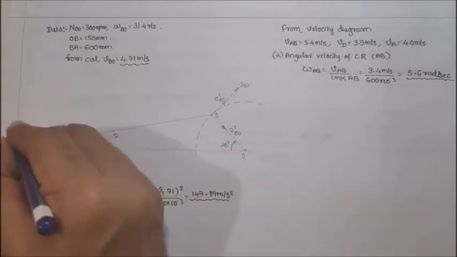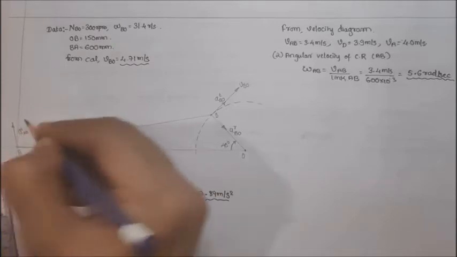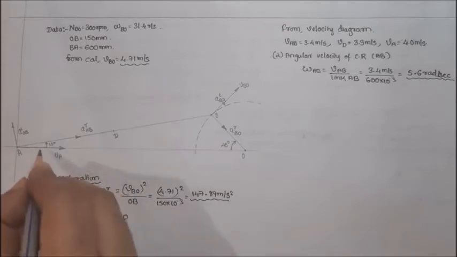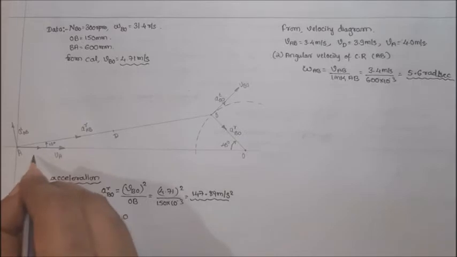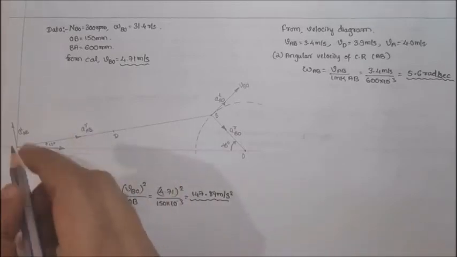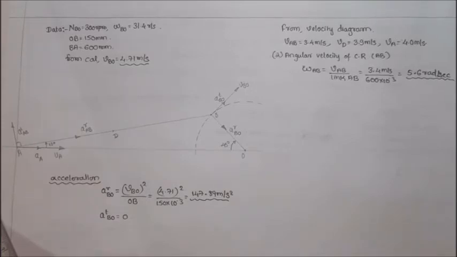So from where did we get that? From the velocity diagram. So acceleration tangential of AB. Then one more acceleration we are going to get, that is acceleration of A, in the direction of AO. This will be the acceleration direction. So these are the things we are going to get.